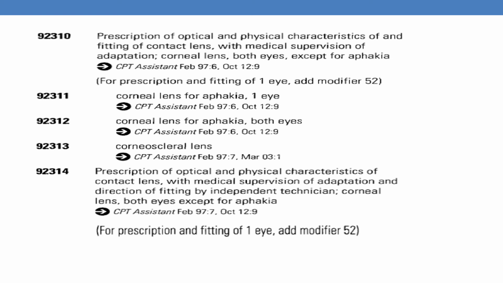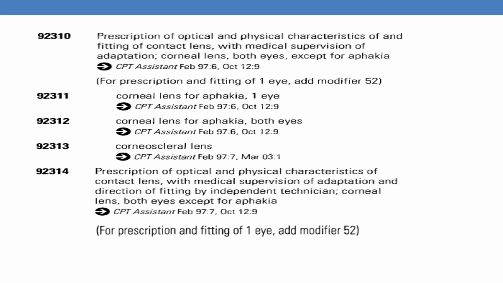92310. It includes prescription of optical and physical characteristics of and fitting of contact lens with medical supervision of adaptation, corneal lens, both eyes except for aphakia. The next is 92311.